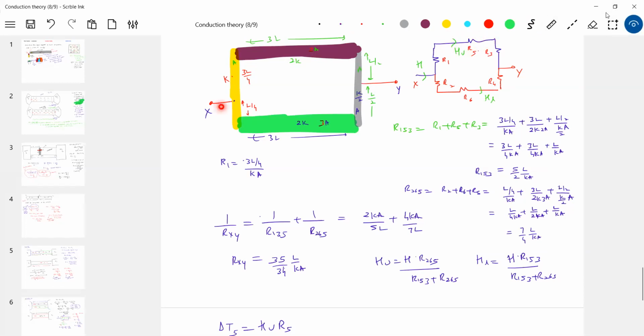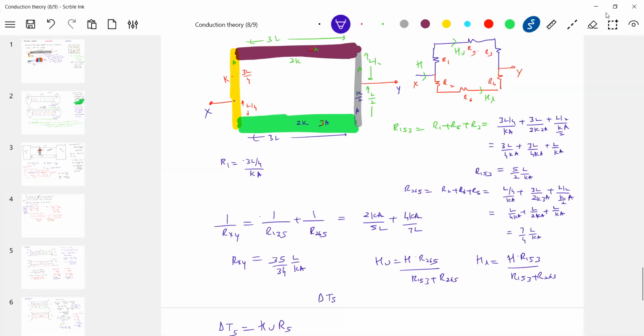Now the type of questions you get is like, find the temperature difference across this rod. Somehow if you can calculate the temperature difference, this will be shared by these three, no? All the temperature difference here will be shared by these two. You can go for series side here, or any of this method. So I'll write it here.